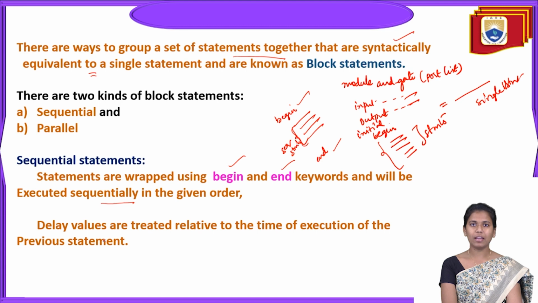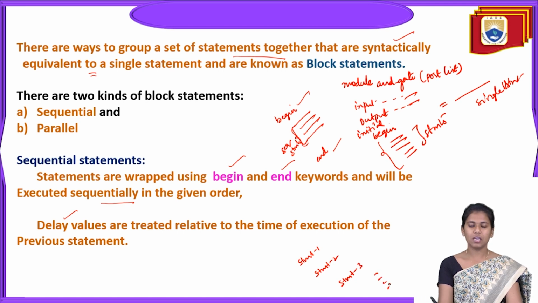And delay values are treated relative to the time of execution of the previous statement. For example, I have statement 1, statement 2 and statement 3 and so on. The execution of statement 2 happens with respect to statement 1.